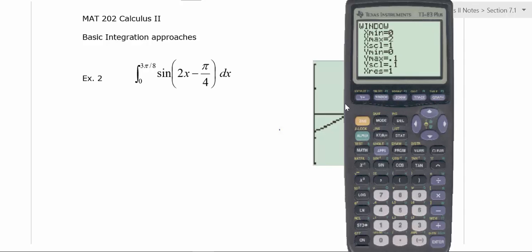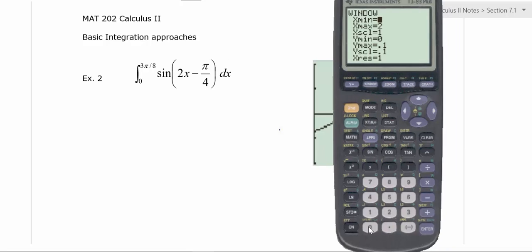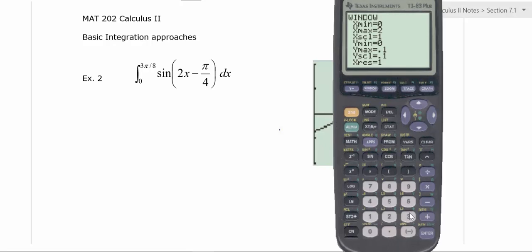And for the window, since we're integrating from 0 to 3 pi over 8, I'm going to put in 0, then 3 pi over 8. Just use the pi key. Okay, like that. And let's just increment it maybe by pi over 8. It doesn't really matter.